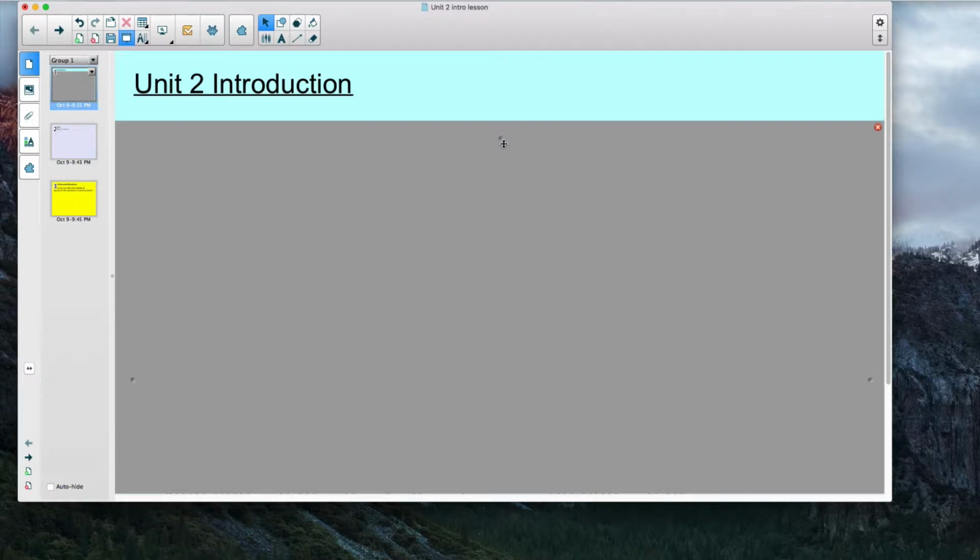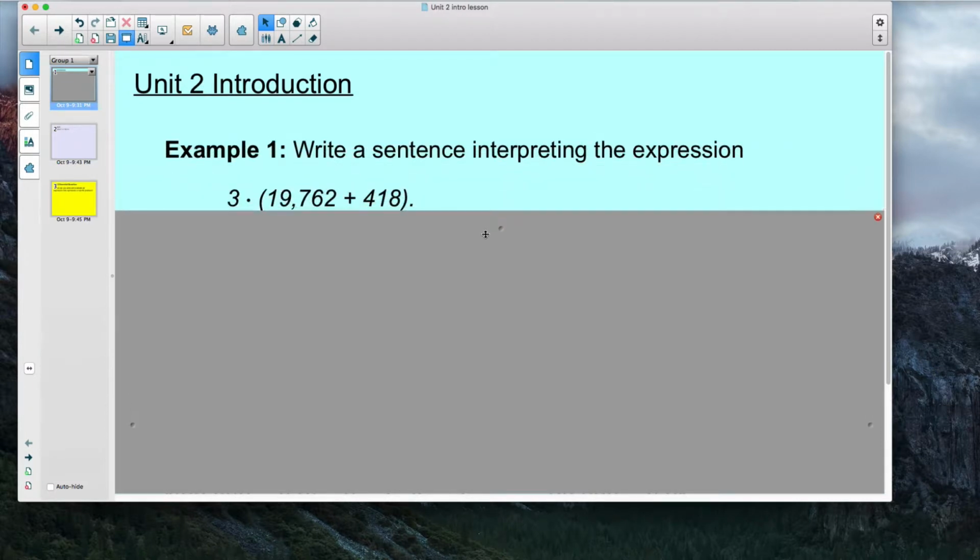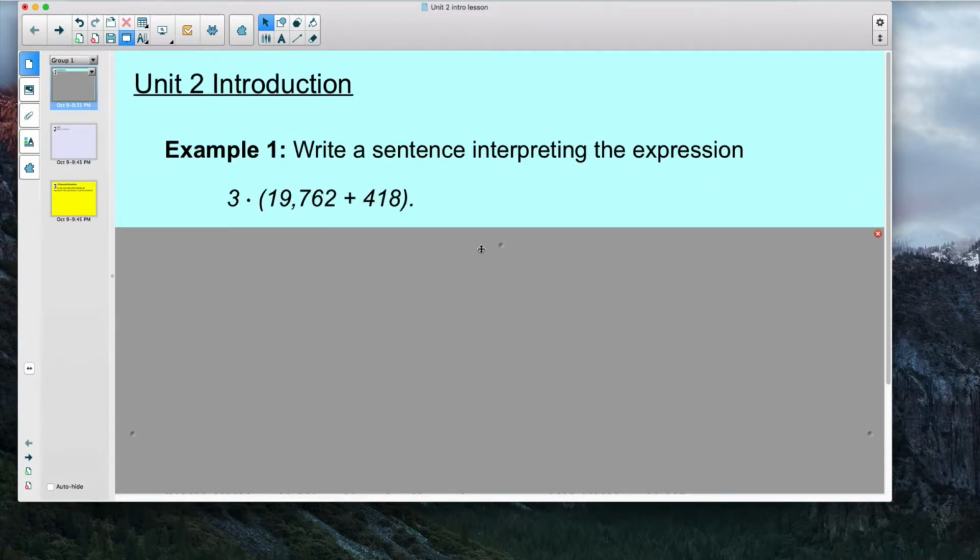A numerical expression being something like this example: 3 times, and then in parentheses, the quantity 19,762 plus 418. If I asked you to write a sentence to interpret what that expression means, I think you'd feel comfortable doing it. Let me go through a couple of examples to make sure we're all on the same page.